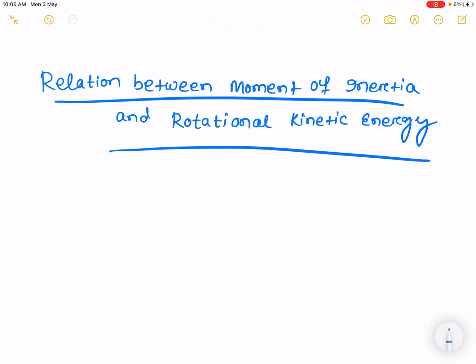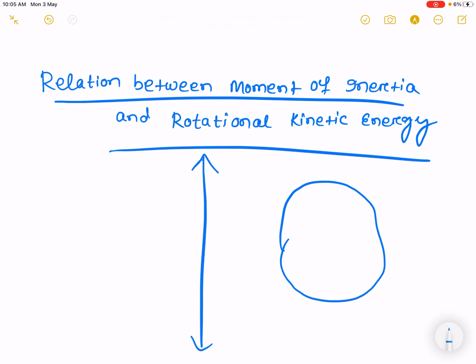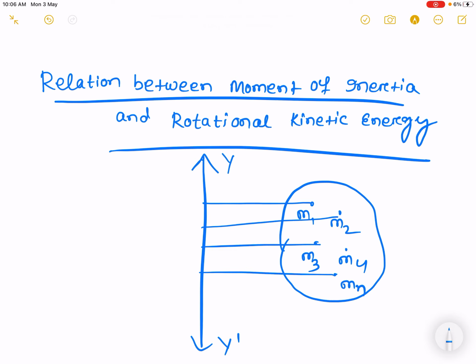For this case we are taking a rigid body consisting of n particles, masses m1, m2, m3, m4, up to mn, rotating about axis y dash and situated at distances r1, r2, r3 up to rn.